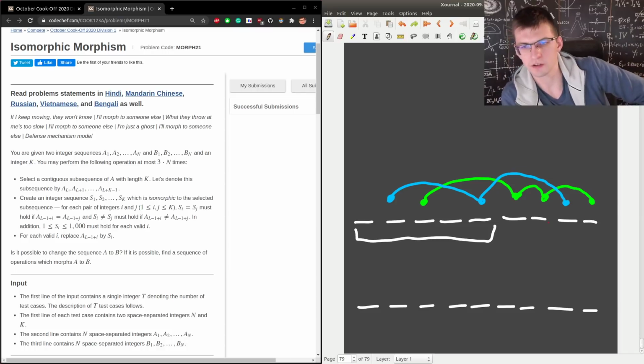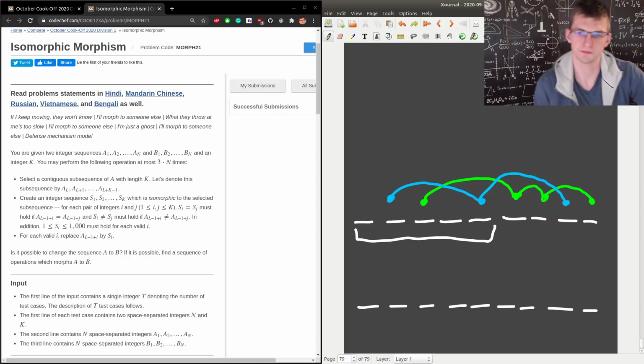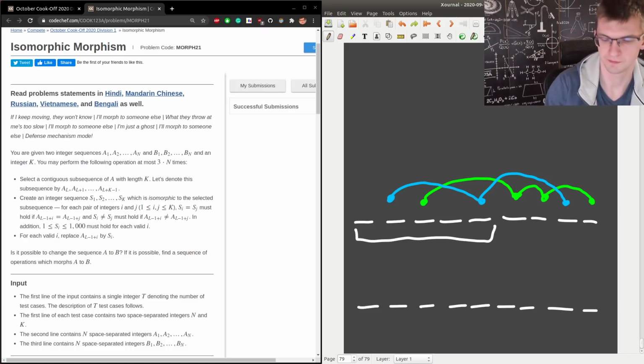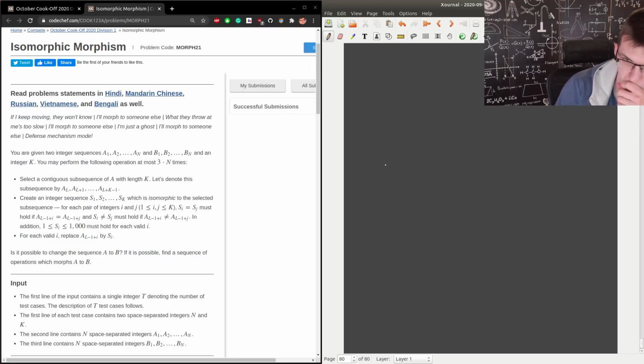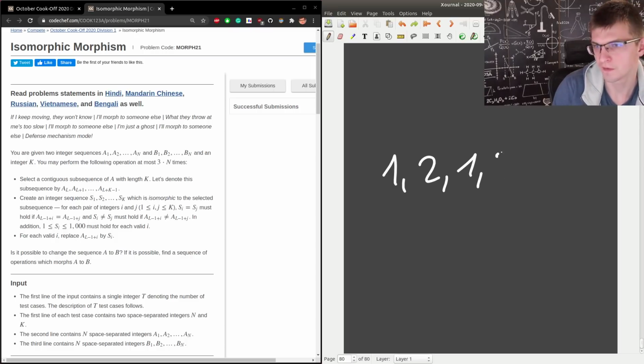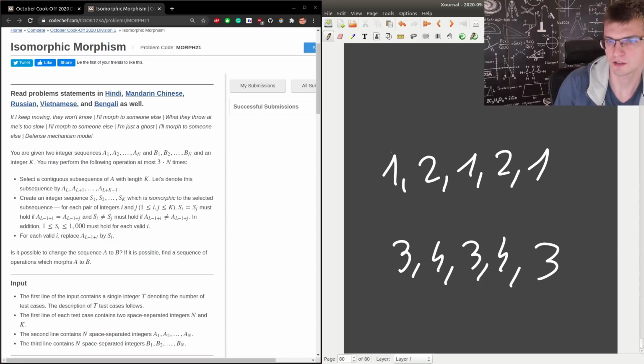If the connections are already the same, can I re-enumerate values? So if the sequence is this, can I make that? Well, and let's say that my interval is of size k equal to 3.